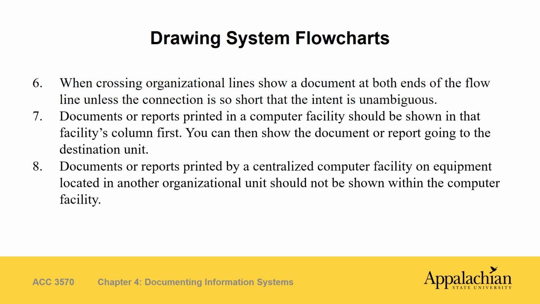Documents or reports printed by a centralized computing facility on equipment located at another organizational unit should not be shown within the computer facility. So if you have an external computer facility, make sure you document that and don't just put that facility within that internal entity if it is not physically within that unit.